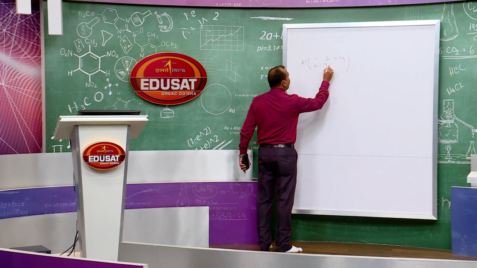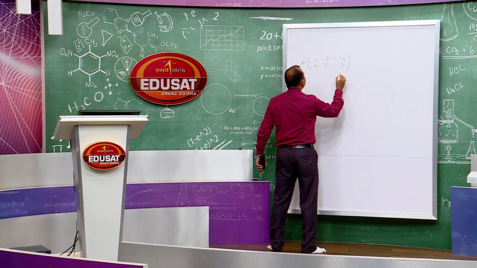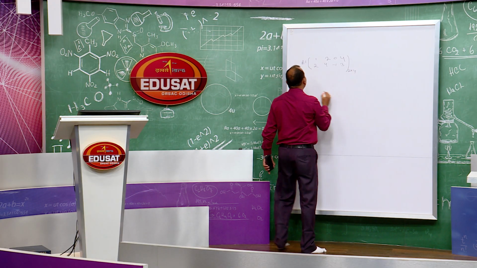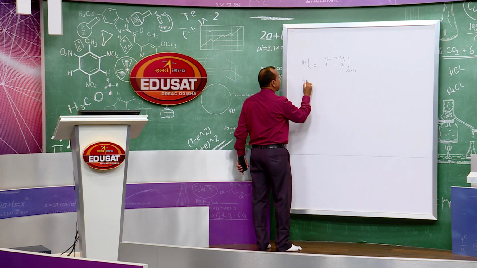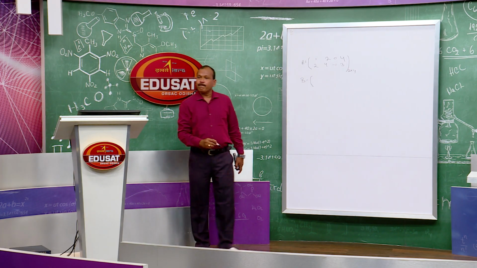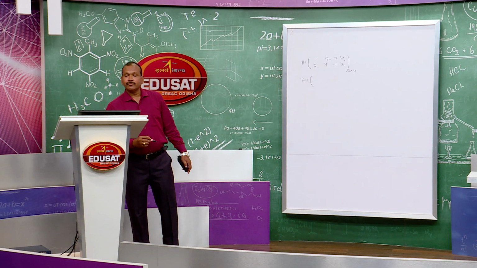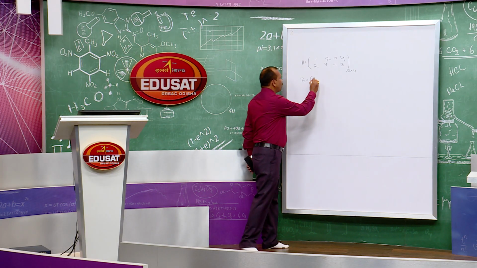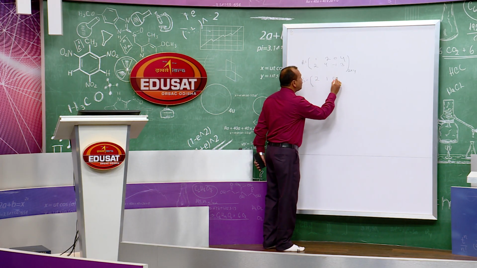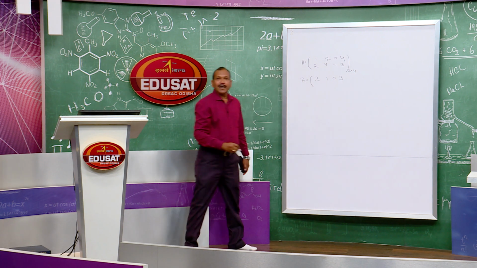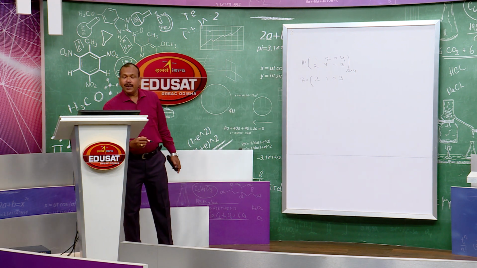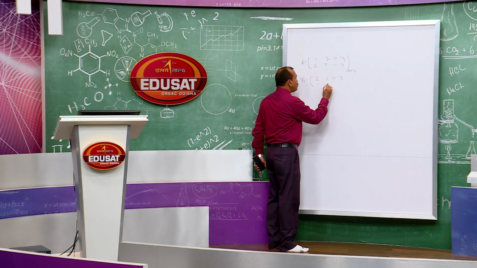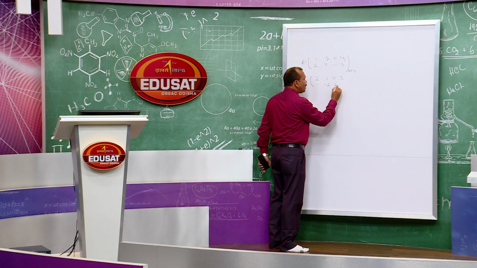This is a 2 cross 4 matrix, and B matrix is given by 2, 1, 0, 3, and the second column is given by 1, minus 2, 2, 3.